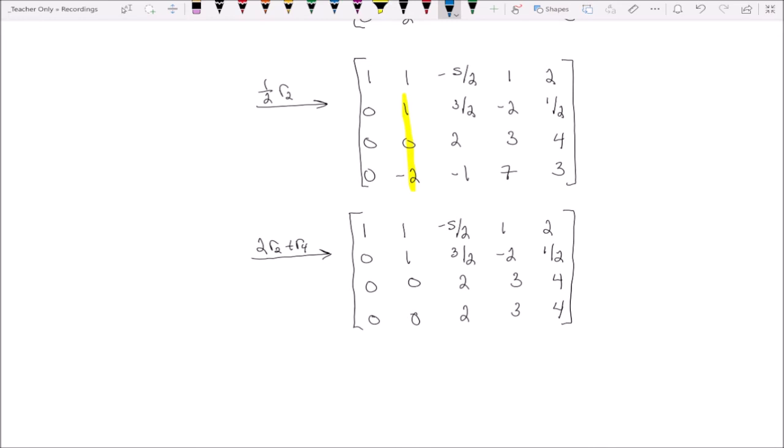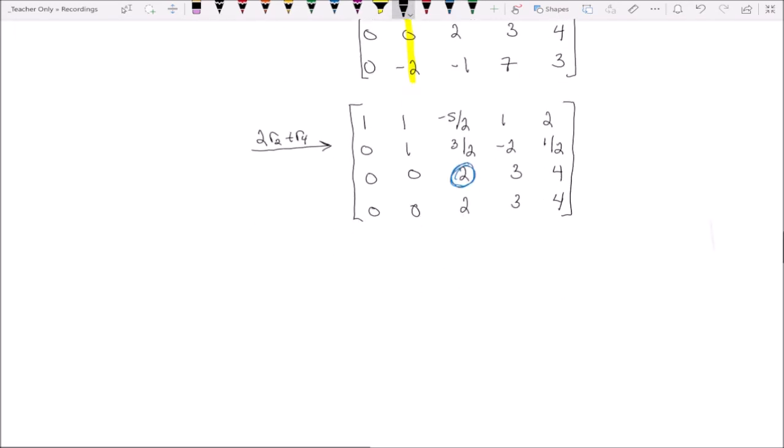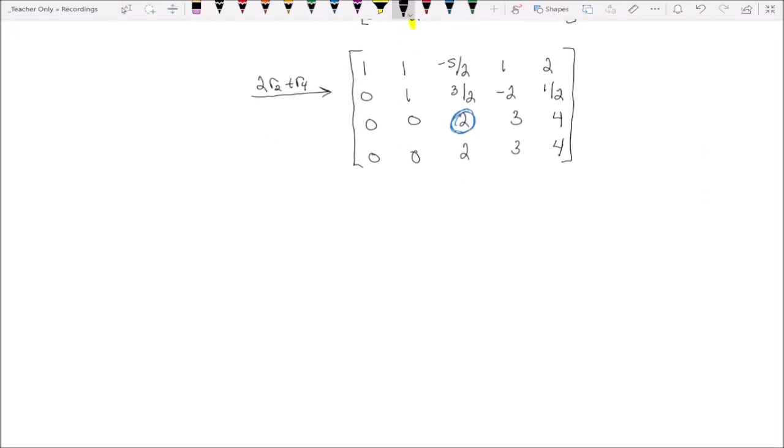Right now we're going to again circle our pivot, which is the first 2 in row 3. We want to make that a 1. So to do that, just multiply row 3 by 1/2.